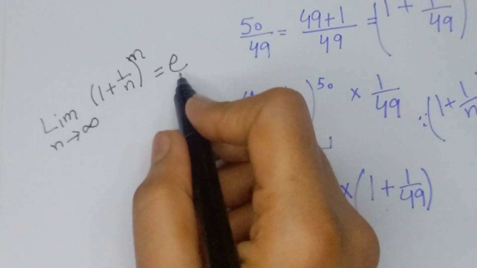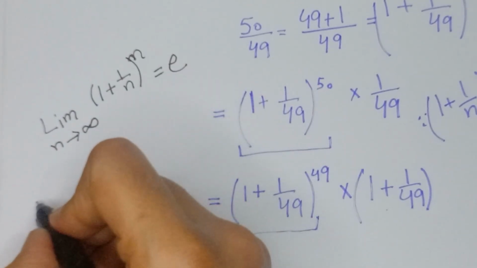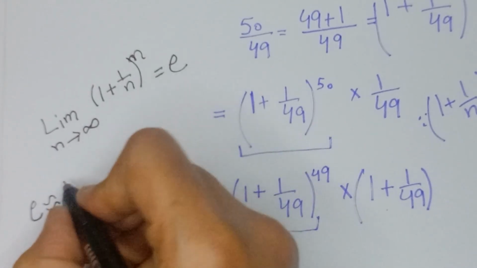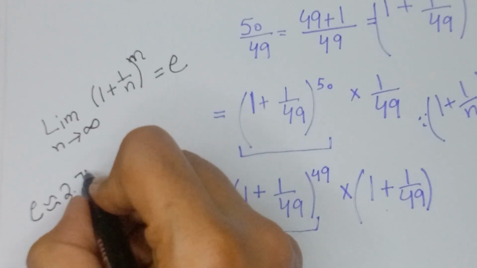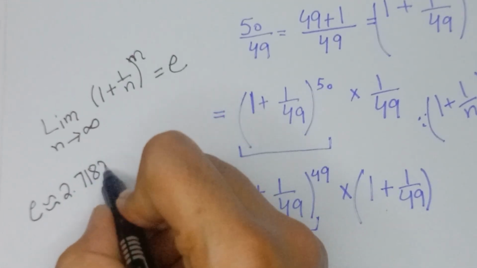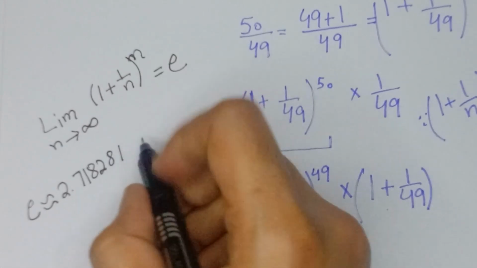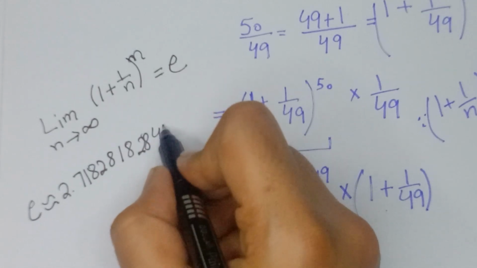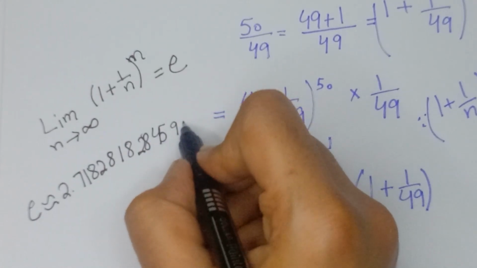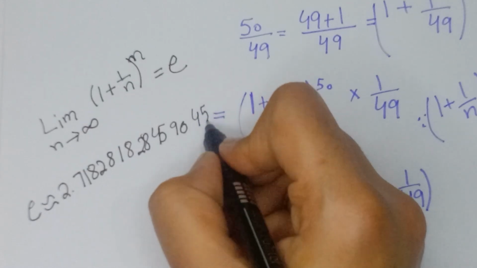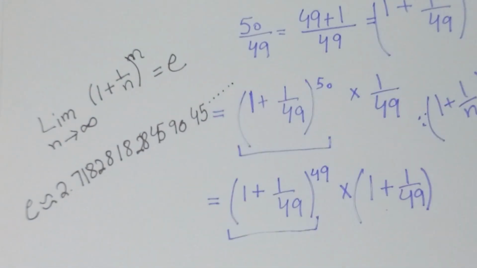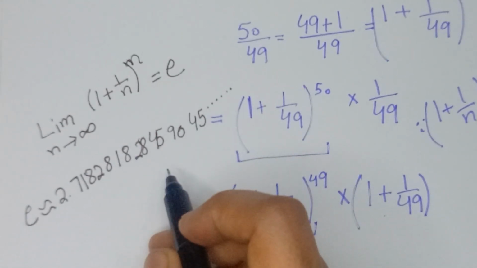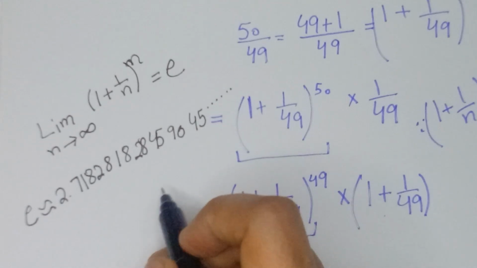That letter e is a number which is approximately equal to 2.71828 and so on. This is an irrational number. So complicated, right? But this method is a piece of cake.